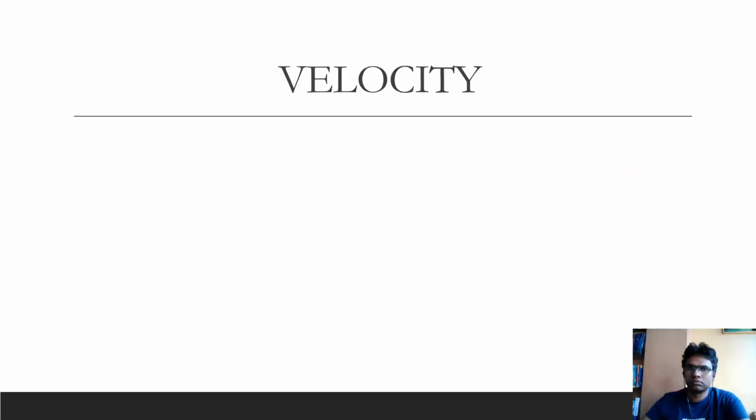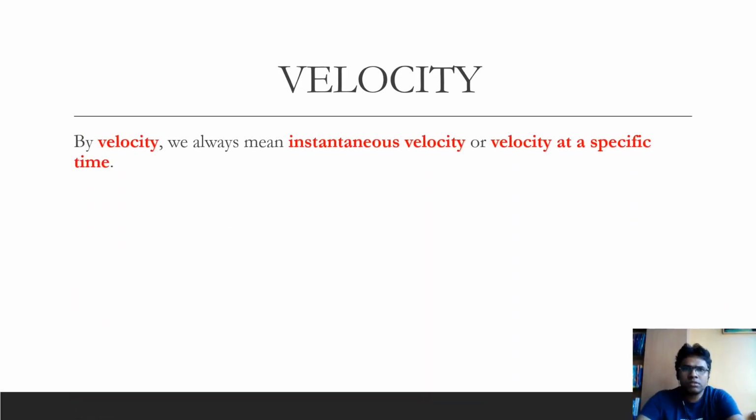Okay. Let us understand what velocity of a particle means. Earlier we looked at average velocity. Average velocity tells how rapidly a particle changes its position in a given interval of time. Now, when it comes to velocity, by velocity we always mean instantaneous velocity or velocity at a specific time.